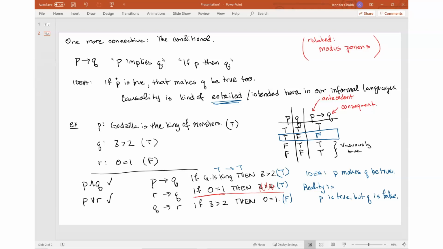Can I give an example that helps me? First of all, we can say that all crows are black. So if something is a crow, then it is black. But just because it is not a crow doesn't mean that it needs to be black or not black. Or just because it's black, it doesn't need to be a crow. But if it is a crow, it has to be black. P could be the thing being a crow, and Q is the thing being black.